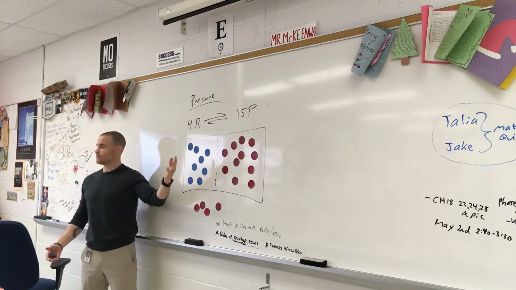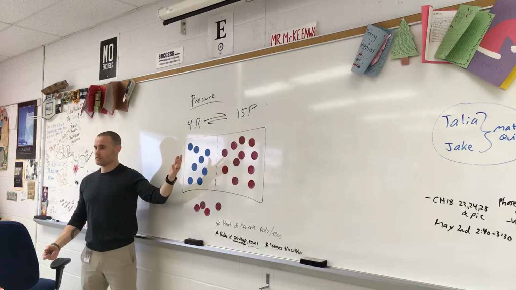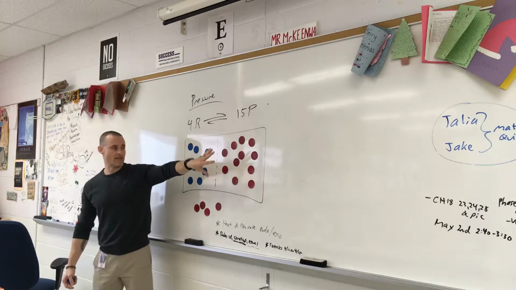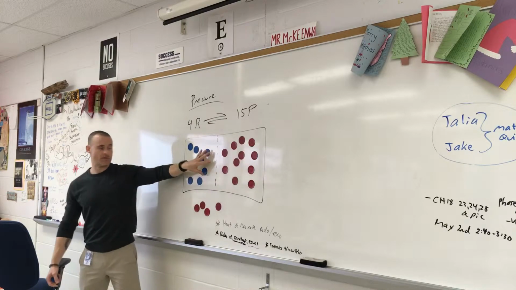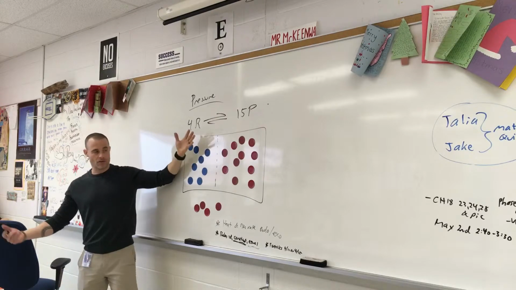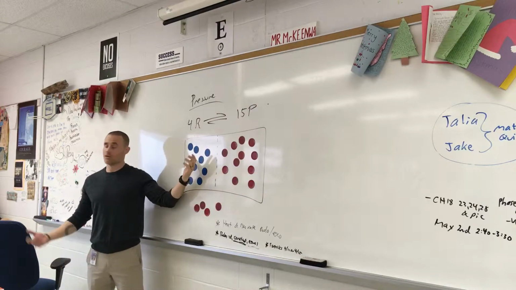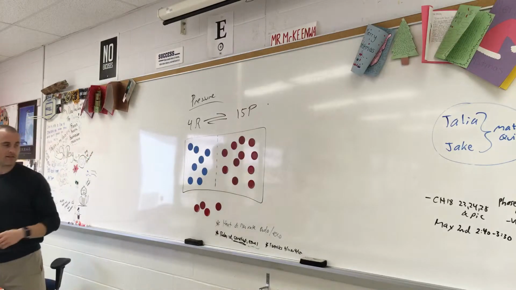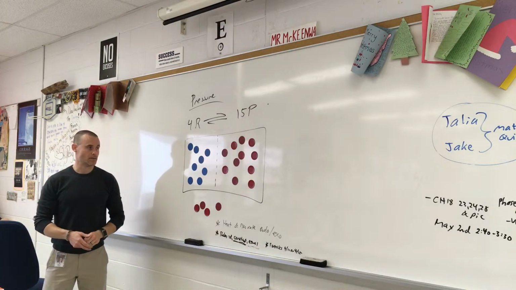Does it make sense with the analogy, at least, hopefully? Yes, no, maybe? Does it make sense? Forget the chemistry involved. If you had 15 people squished together and only 4, naturally we would want to get to more space to feel more comfortable. That's all I'm asking. If that makes sense to you, then that's good.